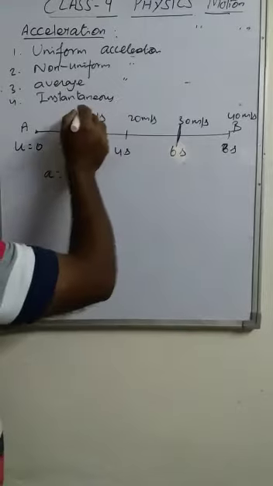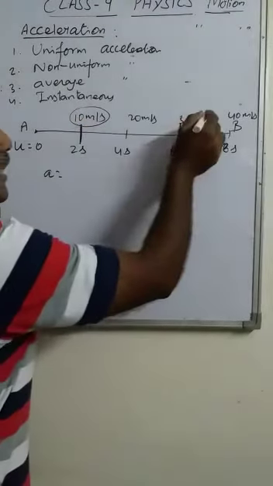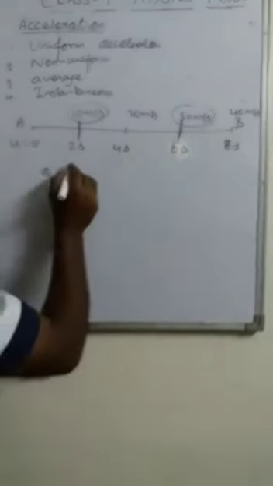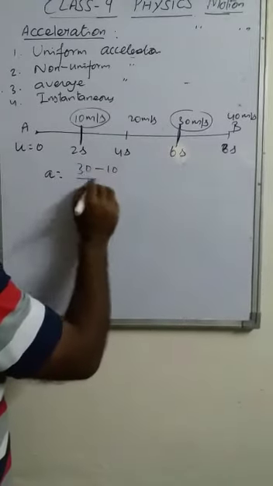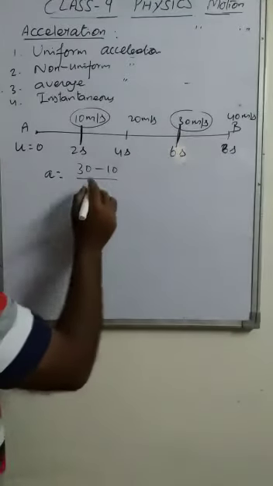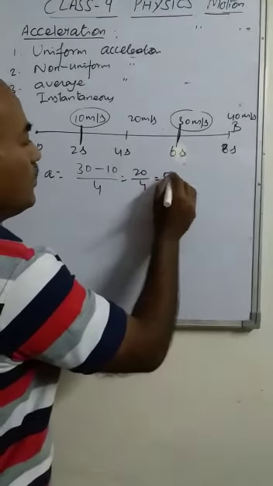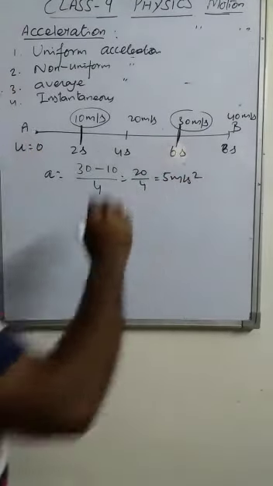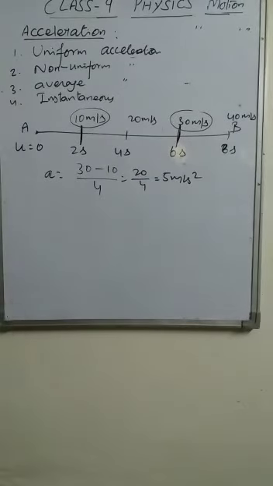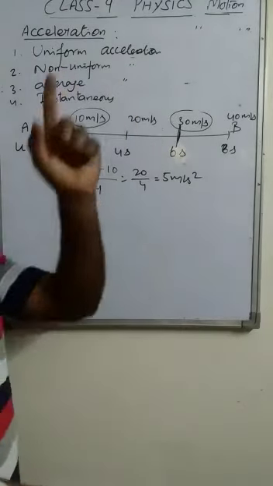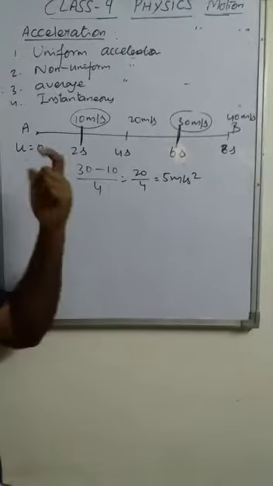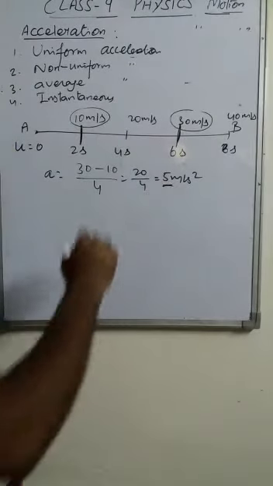So this is taken as the initial velocity and this is taken as the final velocity. So 30 minus 10 upon 4 seconds, the time interval. Now it is 20 upon 4, that is equal to 5 meter per second square. In this way, if we calculate the acceleration anywhere, between any interval, definitely the acceleration comes 5 meter per second square.